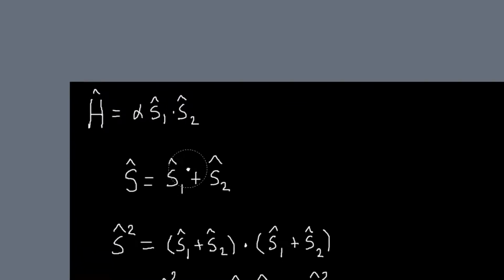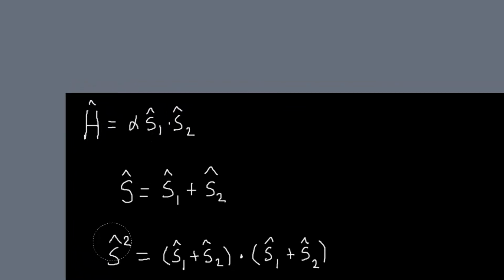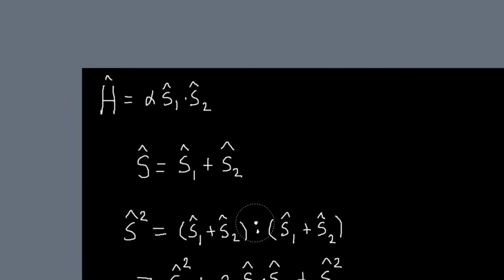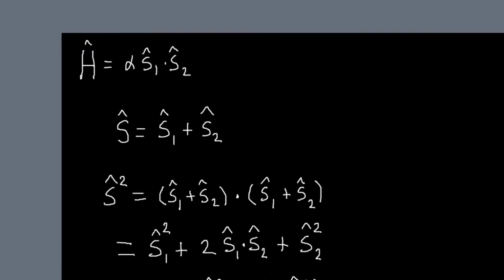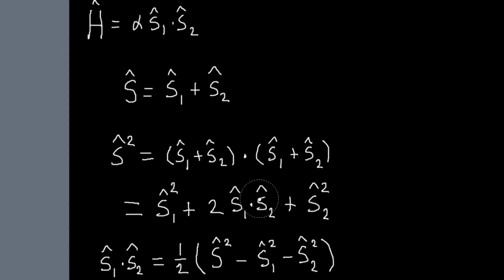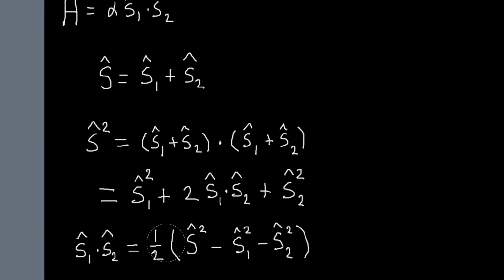Then we can compute S squared. A vector squared is just the dot product with itself, so we have (S1 plus S2) dot (S1 plus S2). If I FOIL this, I get S1 squared plus 2 S1 dot S2 plus S2 squared. Now I can solve this for S1 dot S2. And so we see that we can rewrite this operator in terms of the total angular momentum operator squared.